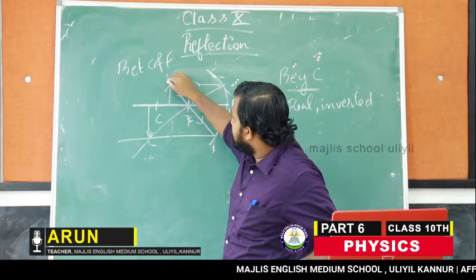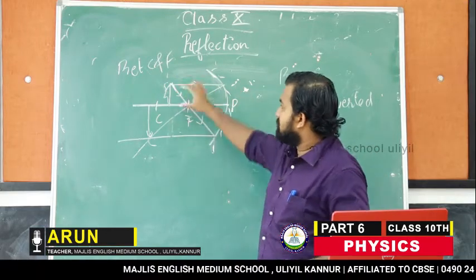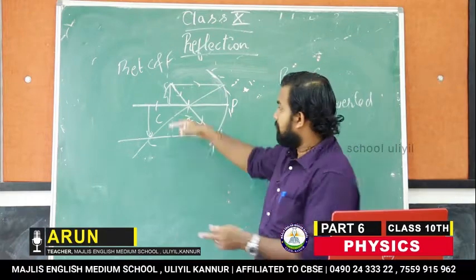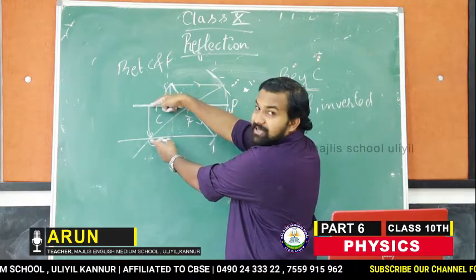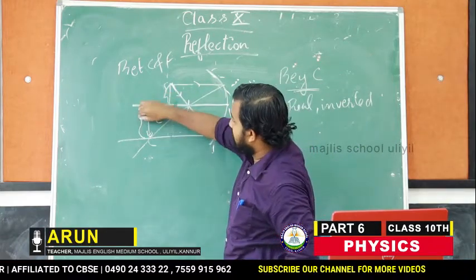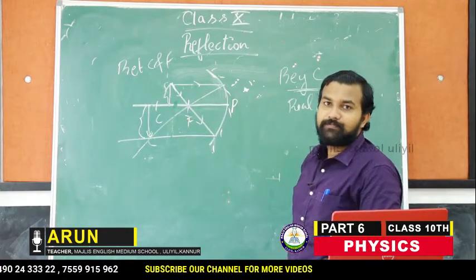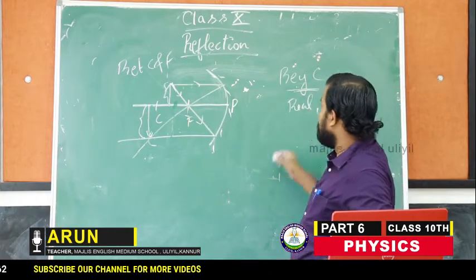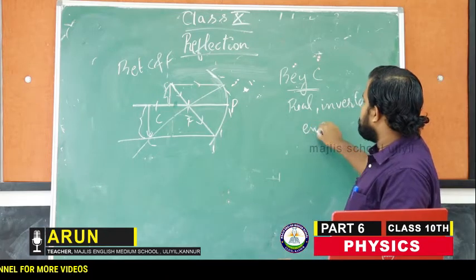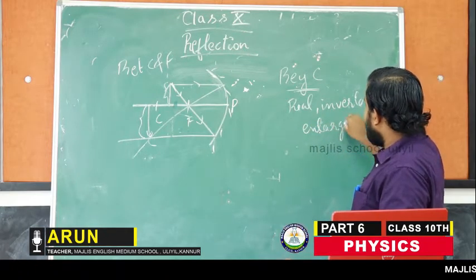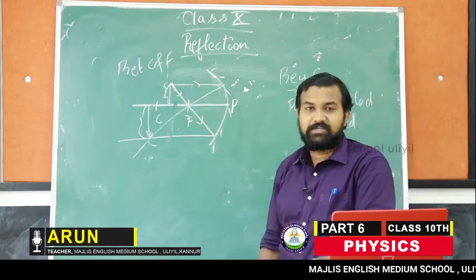The object is only this much. This is the length of the object. But what about the height of the image? It is longer than the object. So the image will be enlarged. We will get an enlarged image with respect to the object.